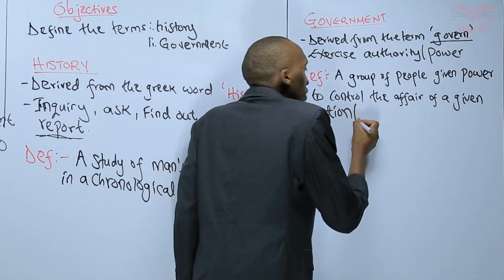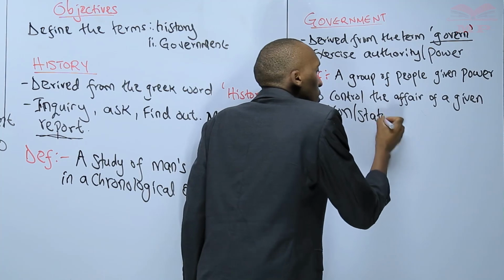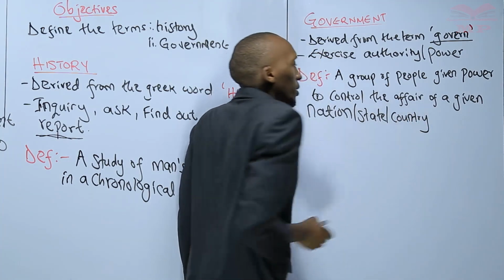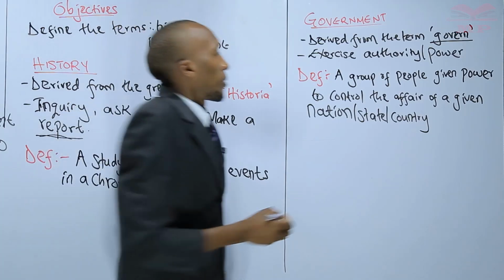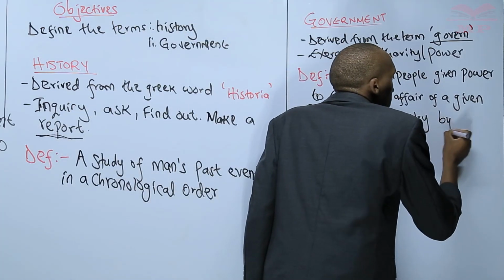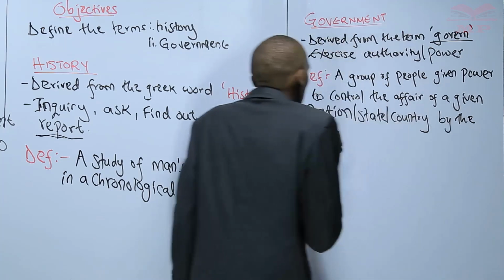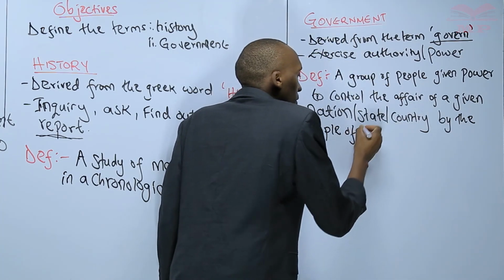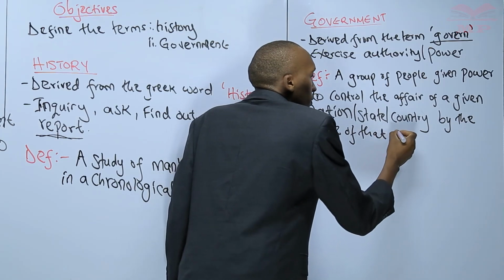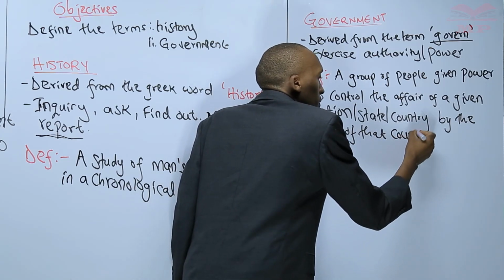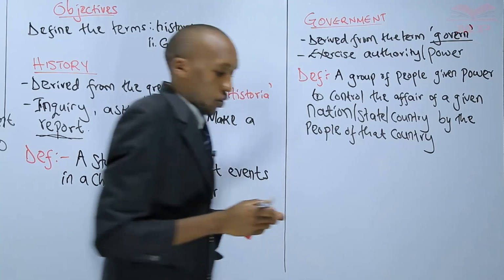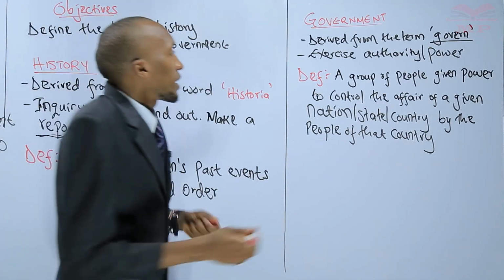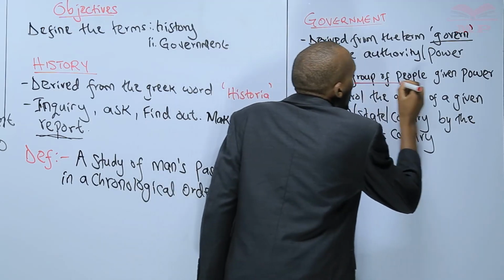So we can also call a nation a state or a country, by the people of that country. So when you talk of government, my dear learner, we are saying it is a group of people.